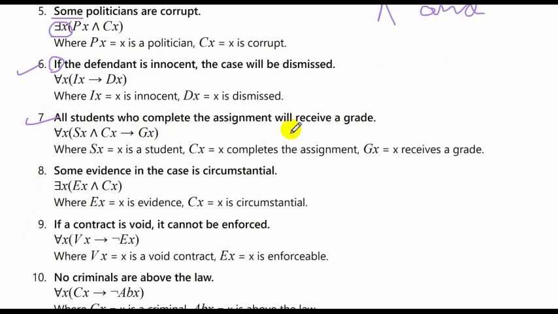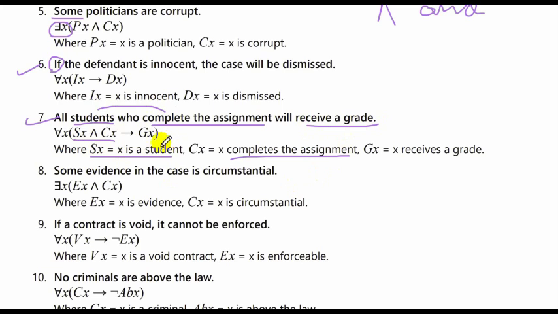All students who complete the assignment will receive a grade. Now this is a little bit complicated, so let's understand this. Sx represents student. There are three variables in this. First we have to state that these two are an "and"; they both have to be true.